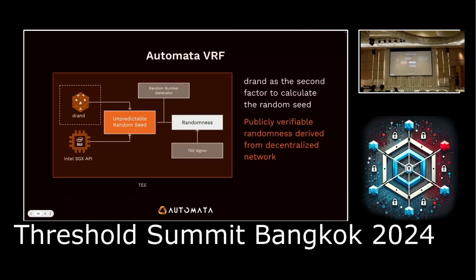For the other side, there is the Intel SGX API, which uses the hardware API provided by Intel to generate another unpredictable randomness from the hardware. So in our VRF, we combine these two random sources to generate a new random seed before we put it into the random number generator.